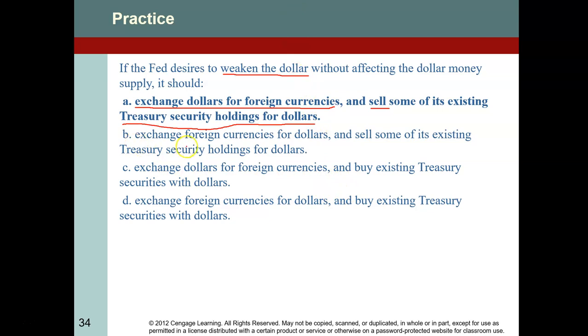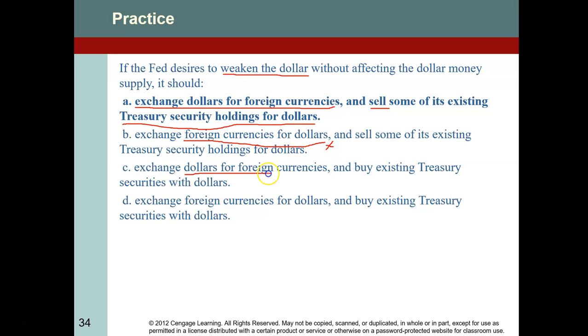Option B, exchange foreign currencies for dollars. This will actually strengthen the dollar if we increase dollar demand like this. Sell some of its existing Treasury security holdings for dollars. Not right. So B is not right for the first part.